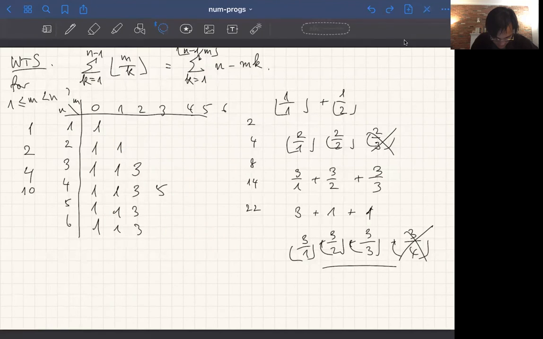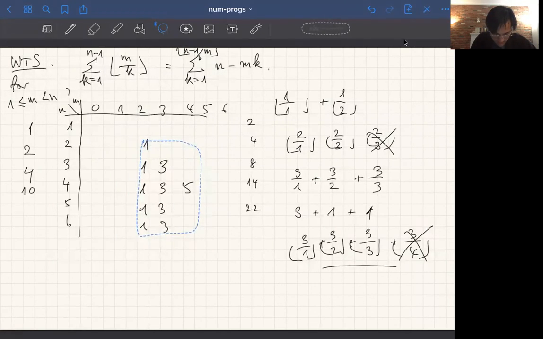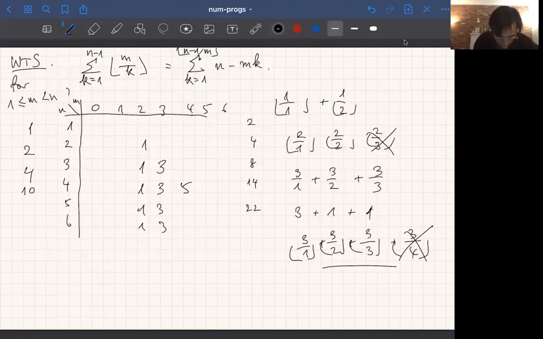I'm getting this backwards. Okay, I'm just saying this because everything does seem to work out if you do this.